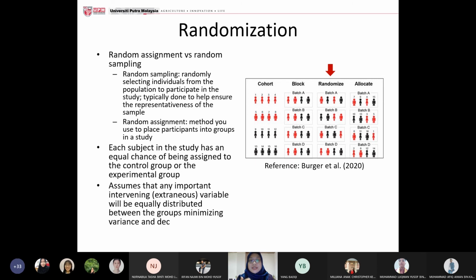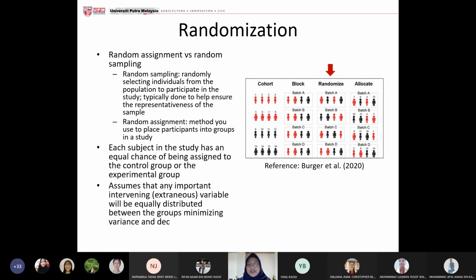It is typically done to help ensure the representativeness of the sample. What that means is, anyone in the population has the probability to be chosen as your participant.